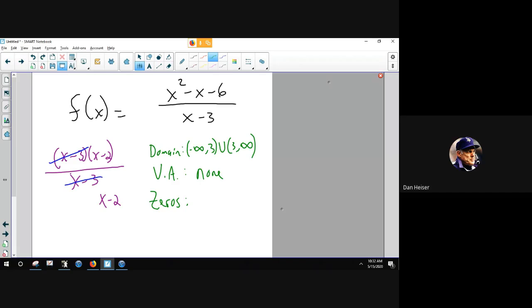Zeros. What value or values make f of x equal to 0? Two. When x is 2, y is 0. When x is 2, y is 0.